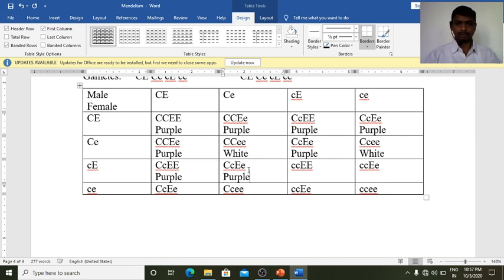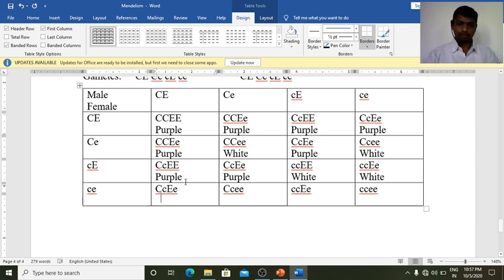Again purple. Now it is white, because C is recessive. Here also white, because C is recessive. Both are dominant, purple. Here E is recessive, so it is white. For color production we require both alleles to be dominant, and only then can it produce the color.